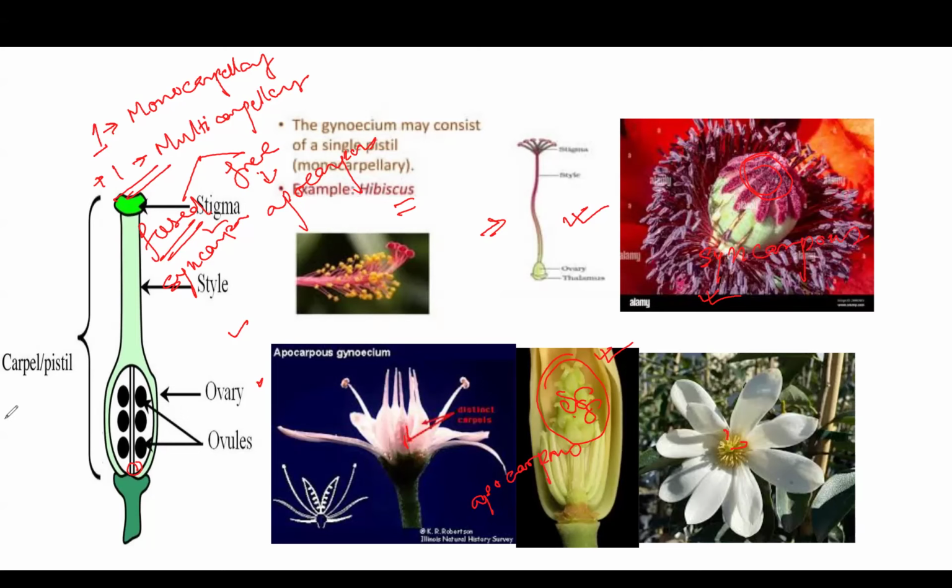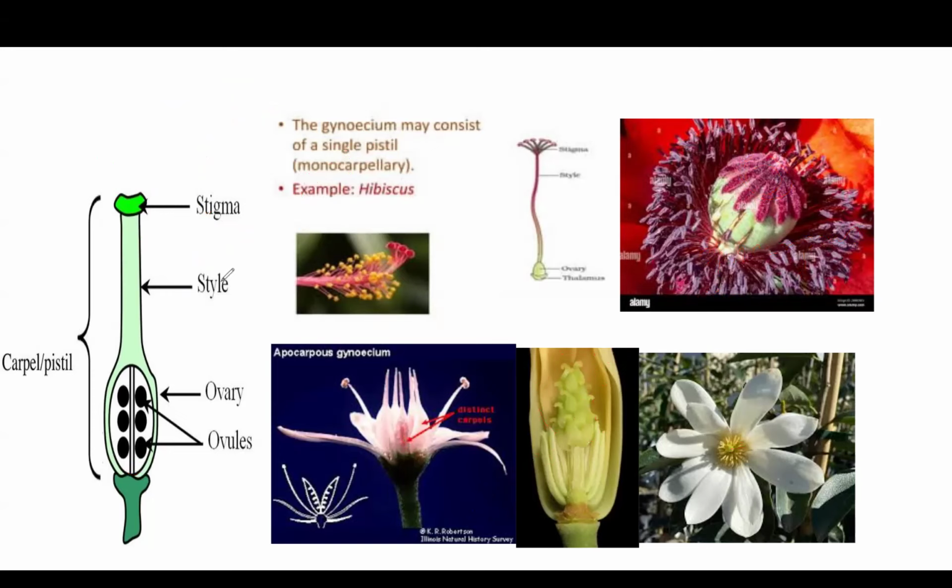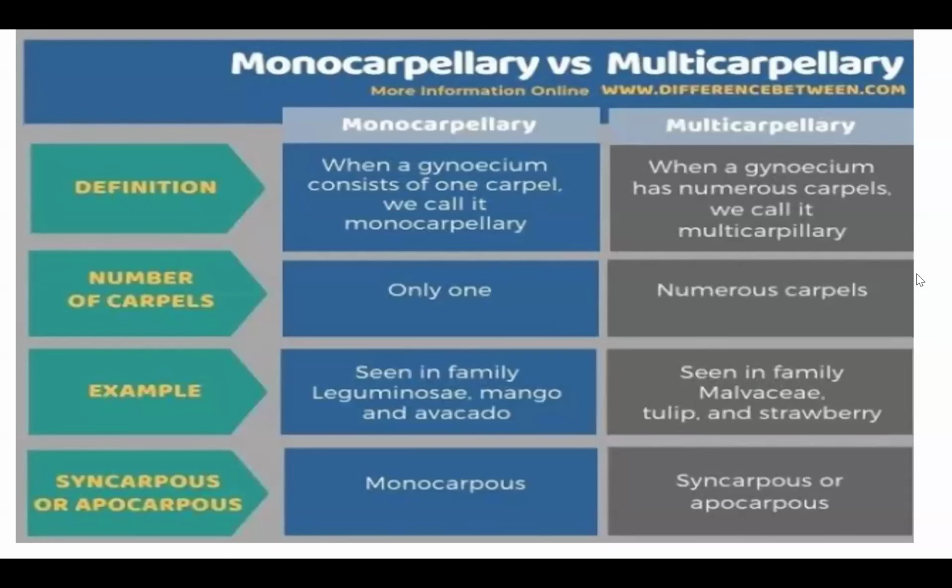Okay. So next, what is the difference between multicarpellary and monocarpellary? As far as the definition is concerned, when the gynoecium consists of one carpel, we call it monocarpellary, and when the gynoecium has numerous carpels, we call it multicarpellary.